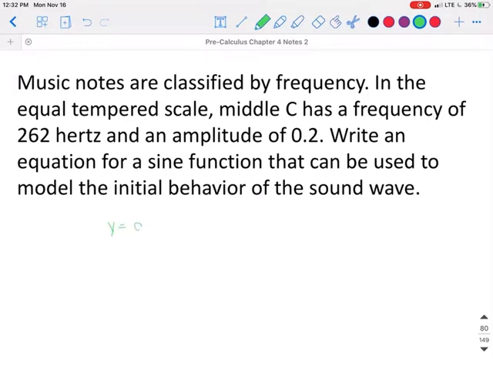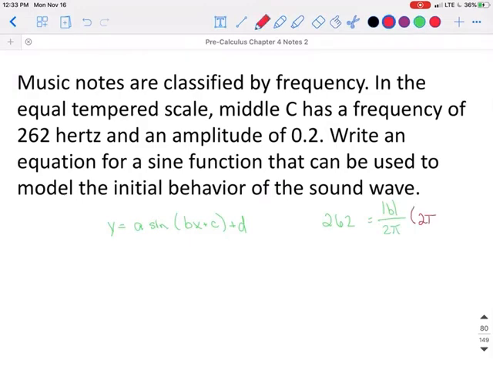Now remember, sine is a times the sine of (bx plus c) plus d. They tell us that the frequency is 262 Hertz, and we know that frequency is the absolute value of b over 2 pi.